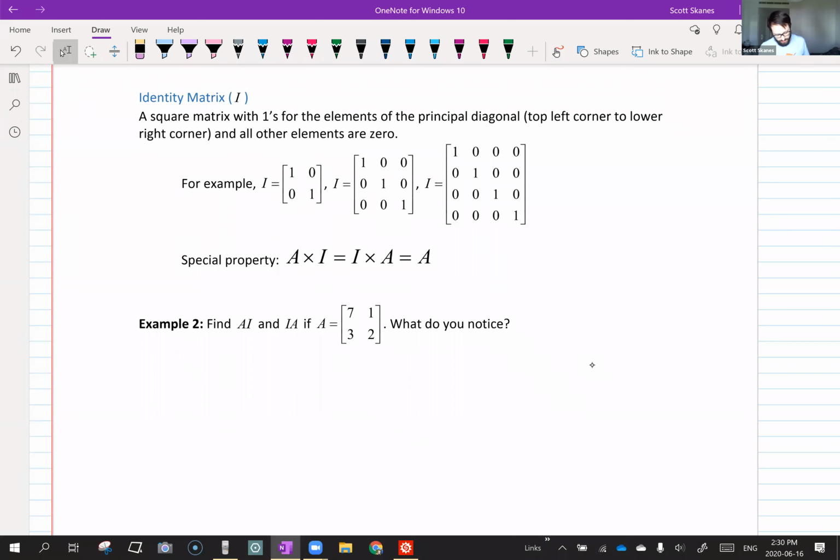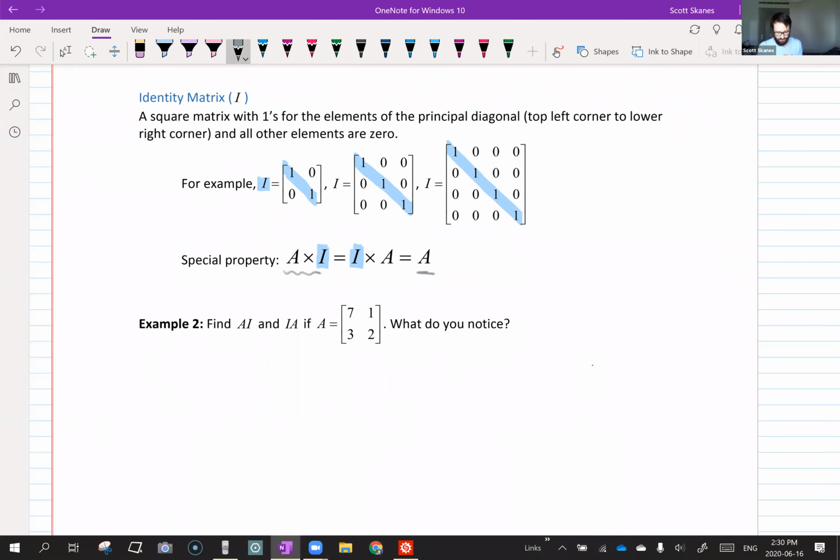It's talking about the identity matrix. The identity matrix is a matrix that has ones on the diagonals and zeros for the rest of the elements. What it's trying to say, and none of you did IT math as far as I know, but if you did, it's just saying that if you have a matrix A times I, or I times A, it gives you back the original.